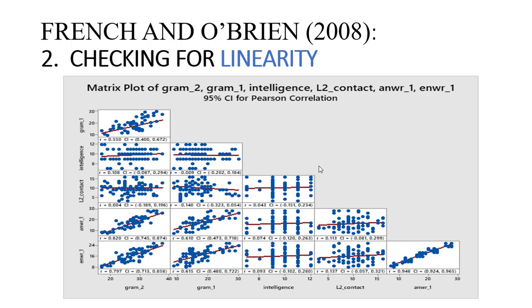I will teach you how to do this, and as you can see here, we're going to get many charts. These are the different relations that we have between our variables, and as you can see in all of them, I can pretty much draw a straight line. So this is the way that you check for linearity.